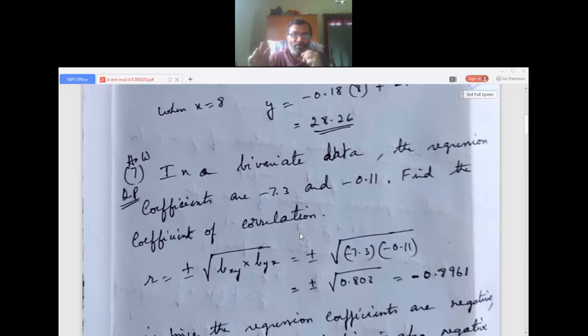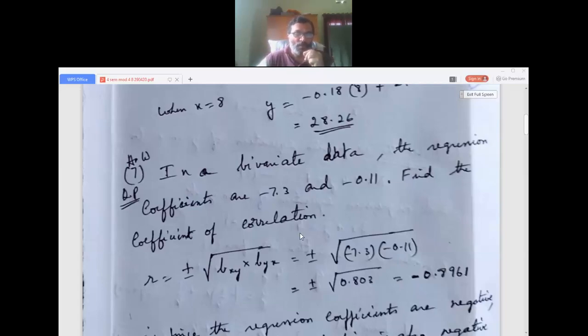The formula you have to think of here is the formula connecting the coefficient of correlation R and bxy and byx, which I told in the last session.